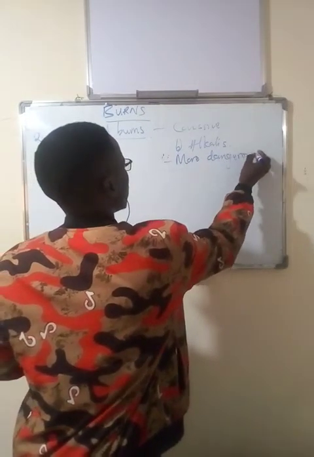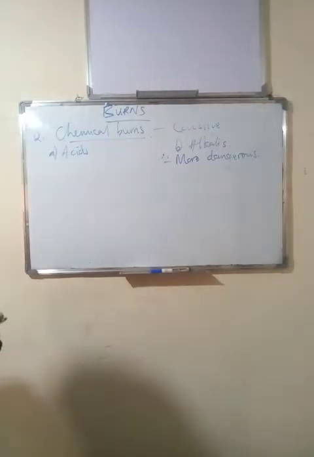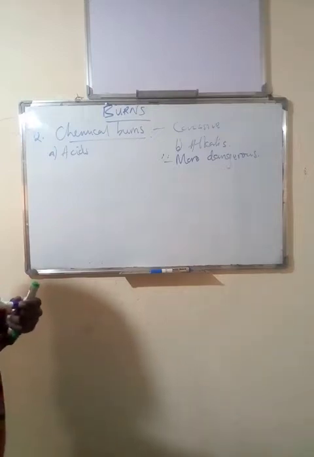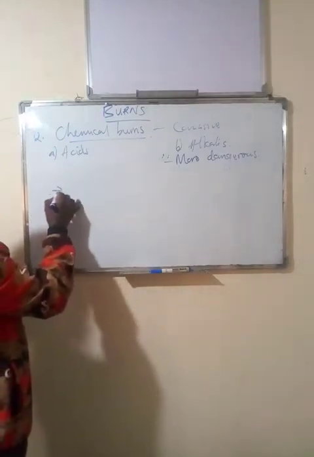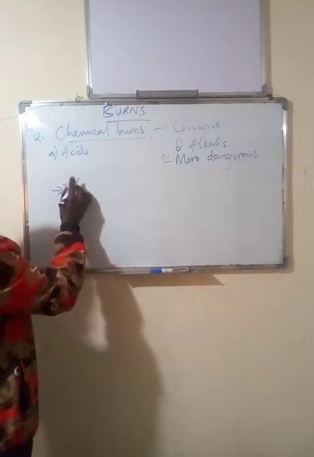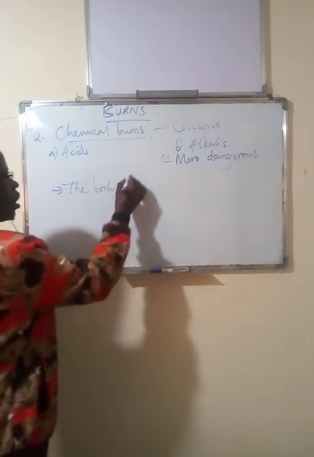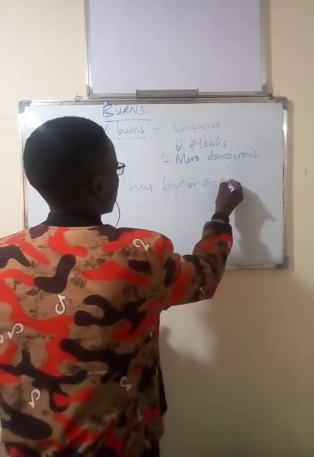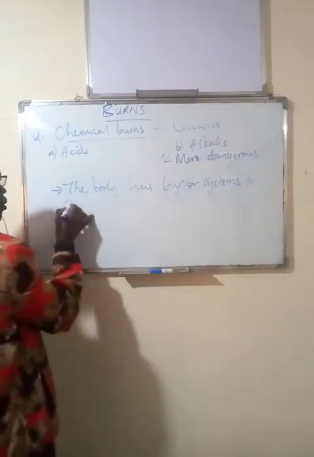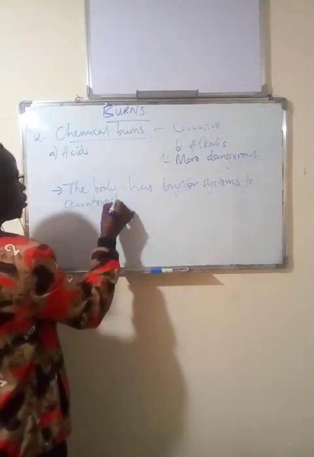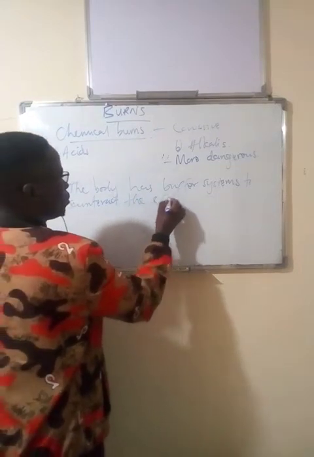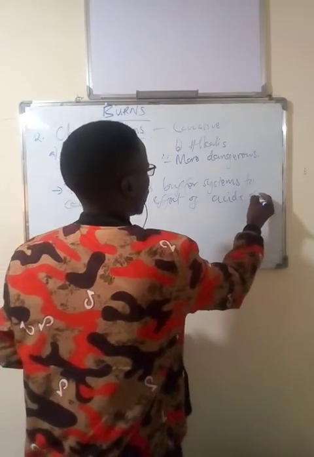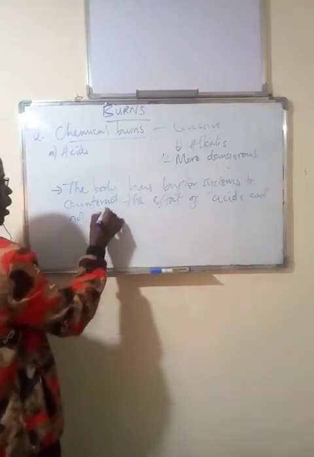And the reason is that the body has mechanisms of counteracting acids. They have a buffer system. So the body has buffer systems to counteract the effect of acids and not alkalis.